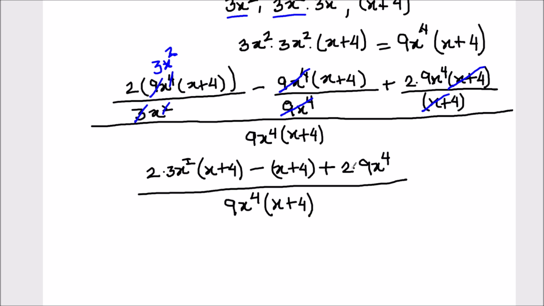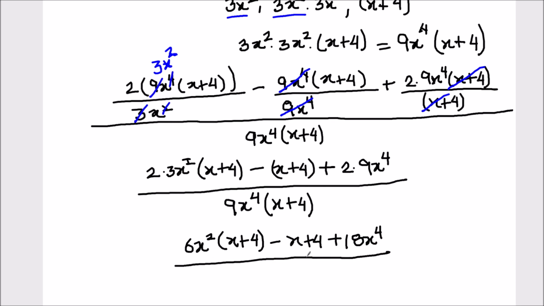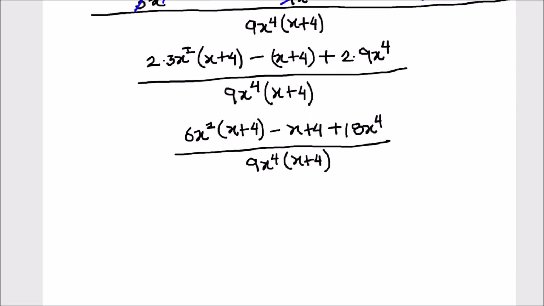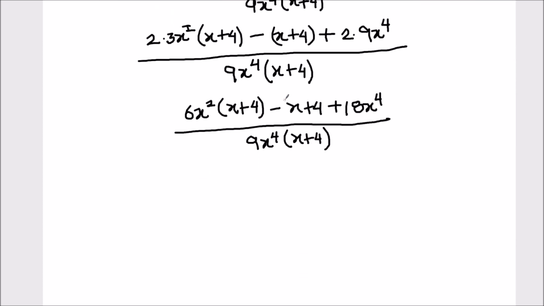So let's multiply the terms and simplify it. So that's 2 times 3 is 6, 6x square. We'll do it step by step. So times x plus 4 minus x plus 4 plus 2 times 9 is 18, 18x to the power 4 divided by 9x to the power 4 times x plus 4. This is small bracket in between.